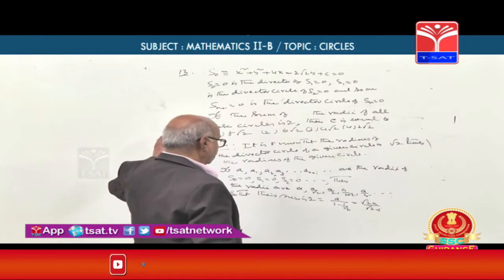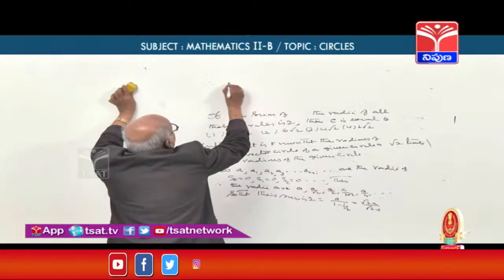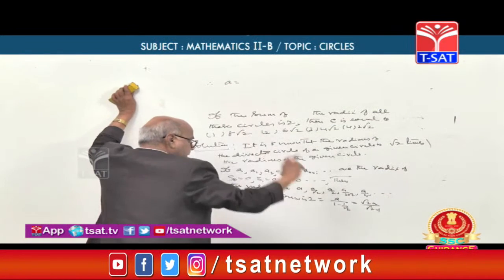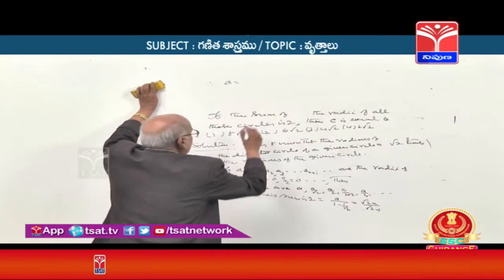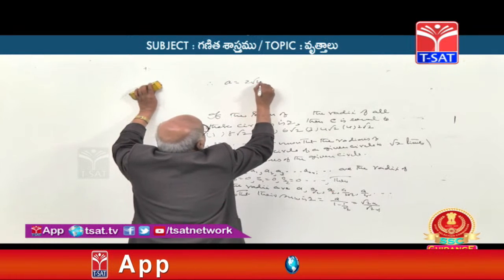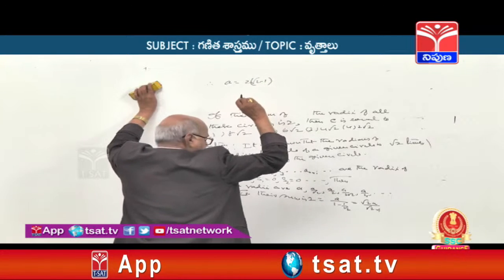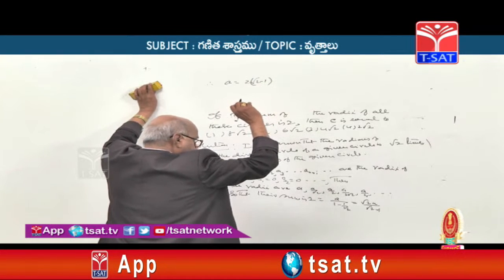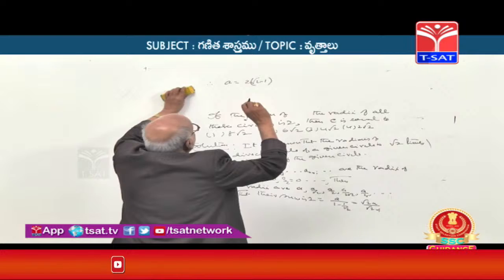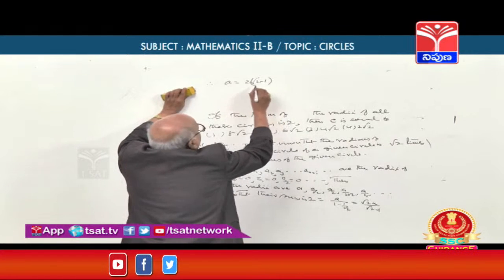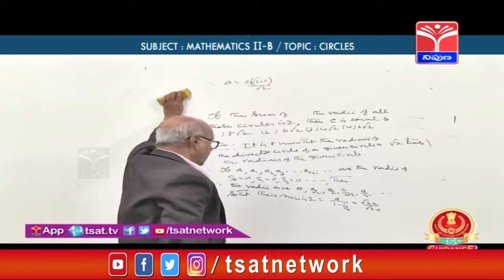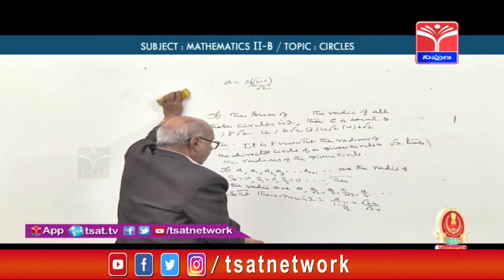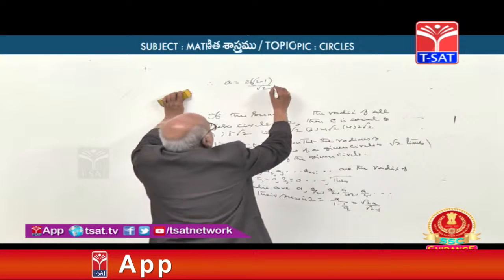Therefore A is equal to 2 into (root 2 minus 1) by root 2. So, this is the A value.